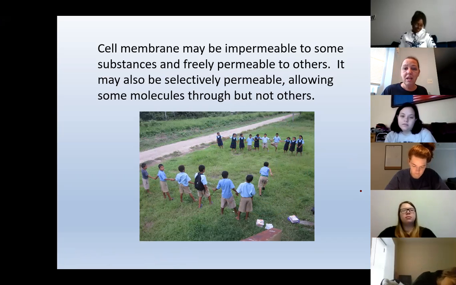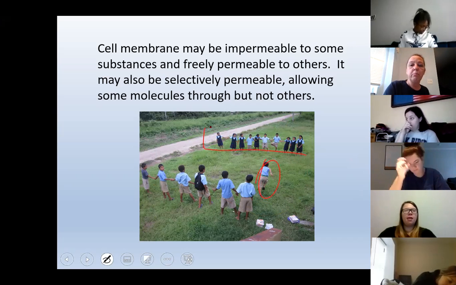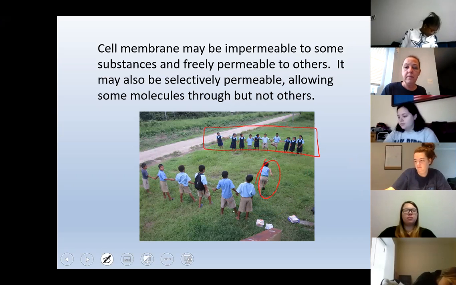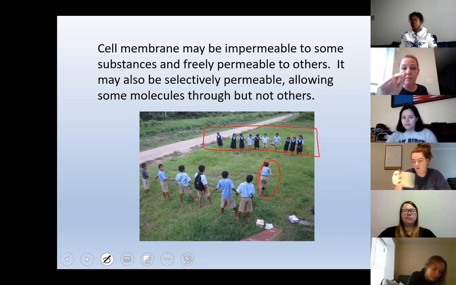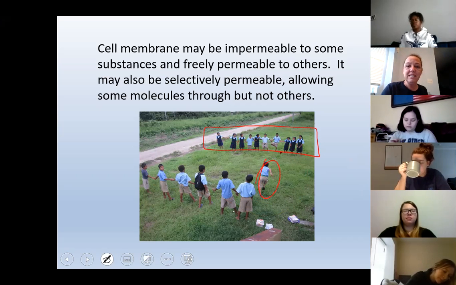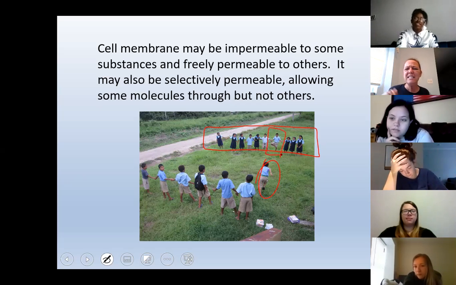And so this is a really fun, but pretty plausible example of what is happening with our cell membrane. So this guy is a molecule who is going to try and bust through this cell membrane. This is our cell membrane right here. Now he's going to be freely permeable. This kid is standing on one foot, not paying attention at all.